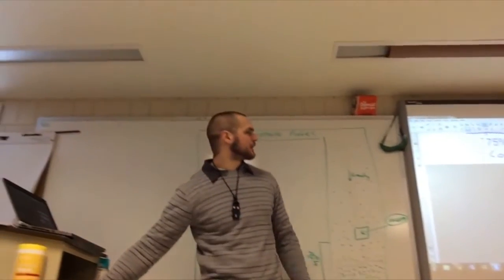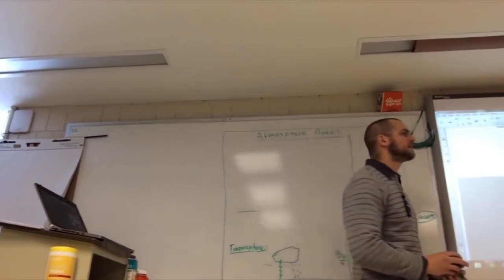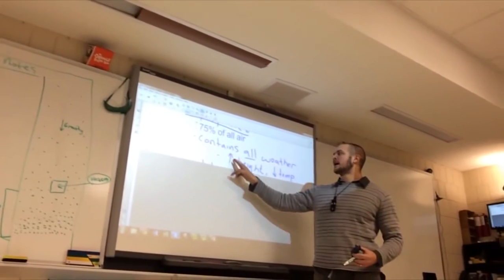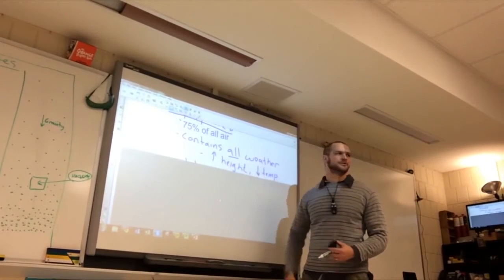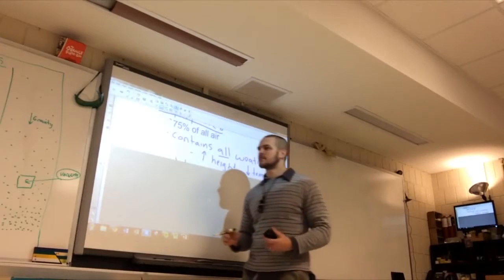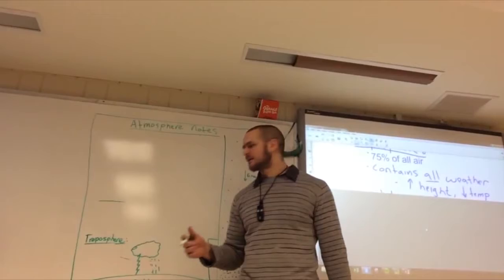Wish my smartboard was working. Okay? What did I mean by this little shorthand here? I put an up height, down temperature. What does that mean? What does it mean, Mitchell? When you go up, the temperature goes down. Yep. And, you know, if you can't think of a good way to draw that, you could just write it.